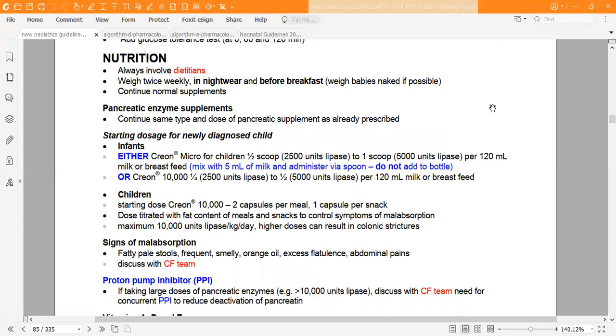Starting dosage for a newly diagnosed child. So the pancreatic enzymes, it depends on the age in pediatrics. In infants, there's the Creon Micro for children, half a scoop to 1 scoop per 120 ml milk or breastfeed.